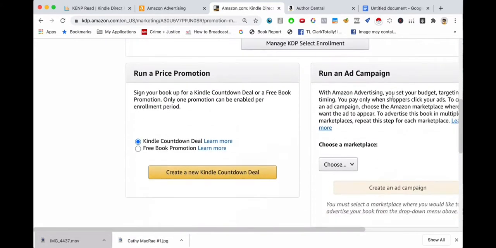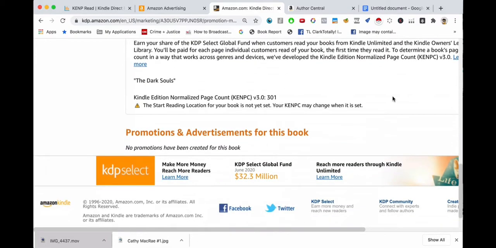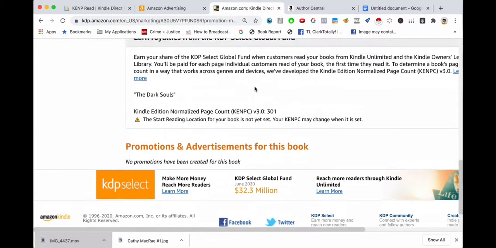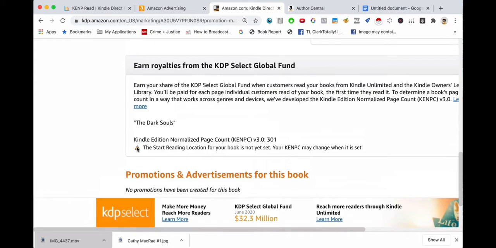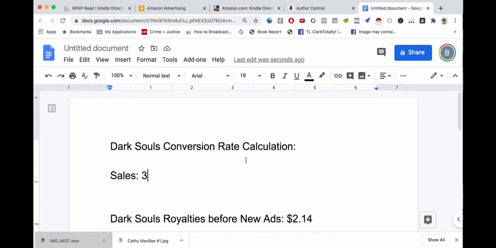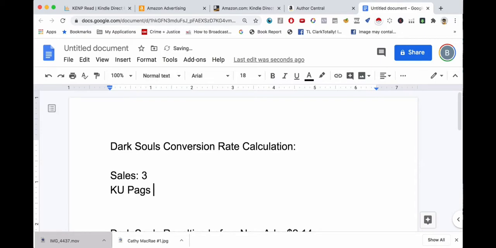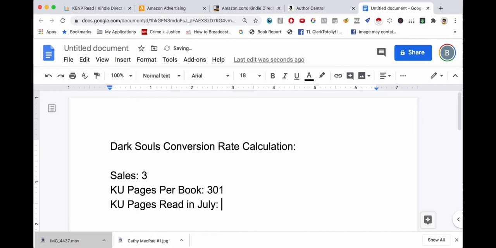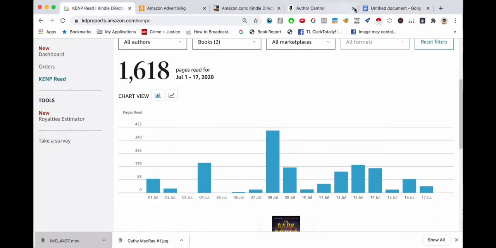And here in the bottom left-hand corner, we see, oh, interesting. That must have changed the last time I uploaded it. 301 KU pages. So we're going to put that. KU pages per book, 301. KU pages read in July, we see 1618.